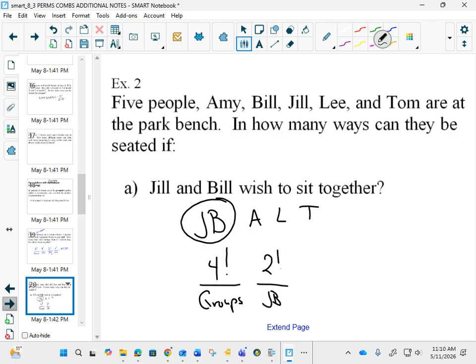I wouldn't, but if you wanted to, it's like multiplying by 1. It's not going to make a difference to your answer. So I multiply this out and there are 48 ways that they could sit on the bench and Jill and Bill are sitting together.